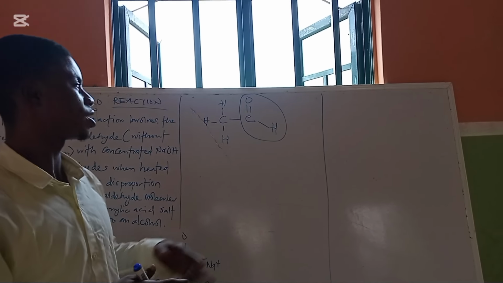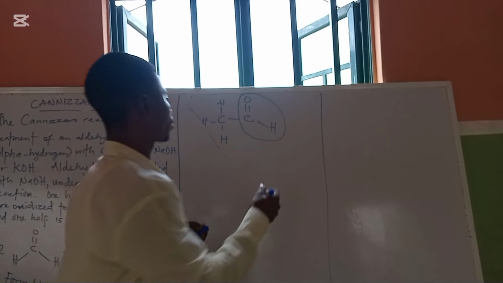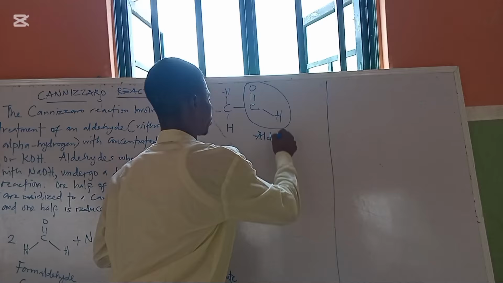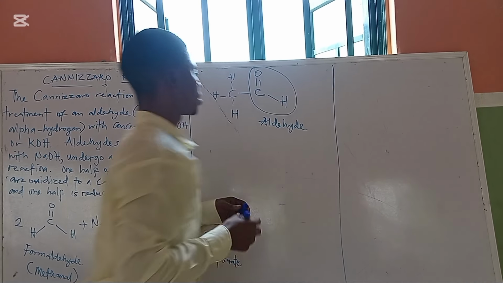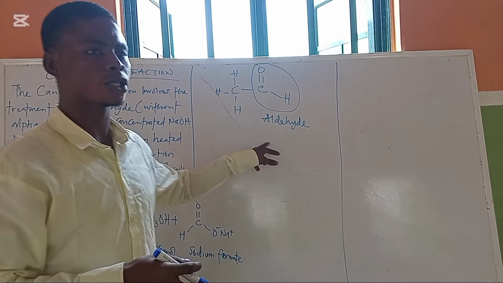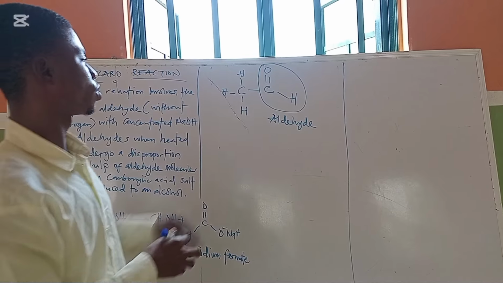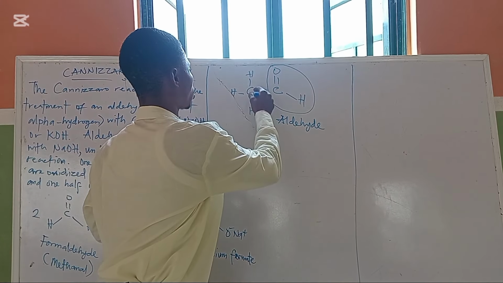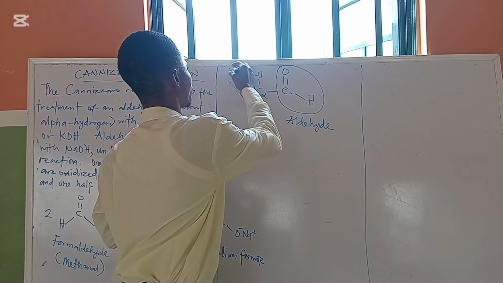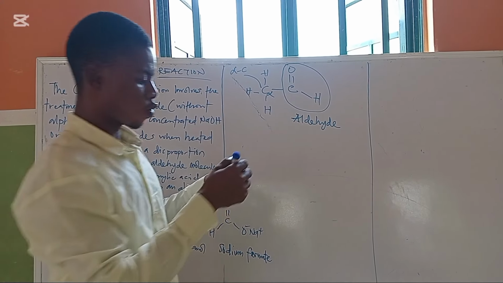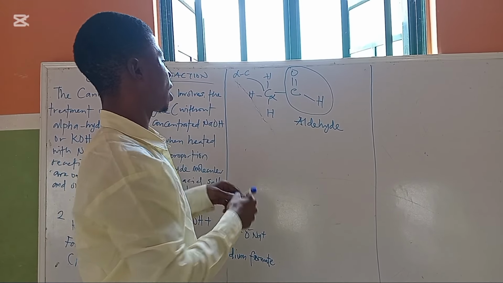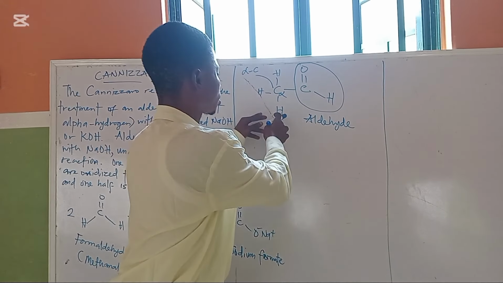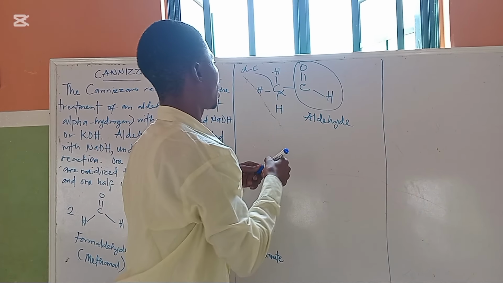This CHO is a functional group called the aldehyde functional group. The carbon that is adjacent to this functional group is called the alpha carbon, while the hydrogens that are attached to this carbon are called alpha hydrogens.